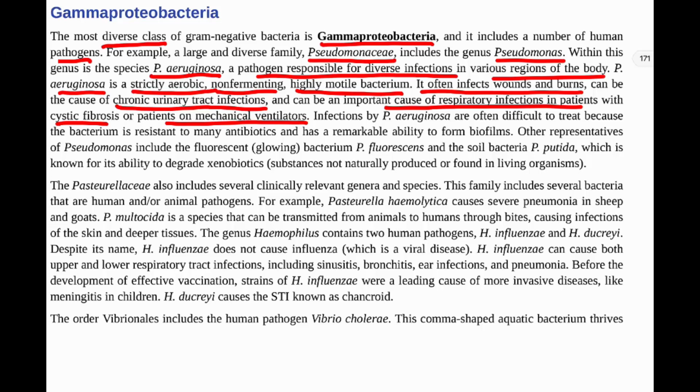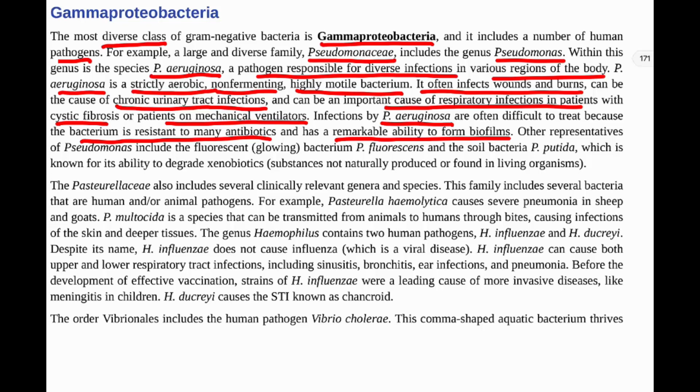Infections by P. aeruginosa are often difficult to treat because that bacterium is resistant to many antibiotics. So we see these in these areas, and that's difficult to treat because it's already become resistant to these things. It also has a remarkable ability to form biofilms. Remember, biofilms are one way that bacteria can protect themselves by creating these thick groupings and a film that makes it very difficult to kill every single one of them.